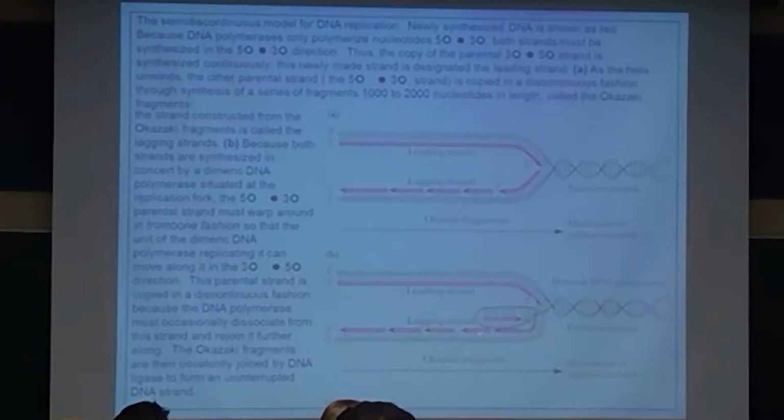Eventually, these Okazaki fragments need to be ligated to form a continuous DNA, and who does that job? Ligase. So for total processing of the Okazaki fragment, what are the enzymes you need? DNA ligase. DNA ligase is the last one to connect.